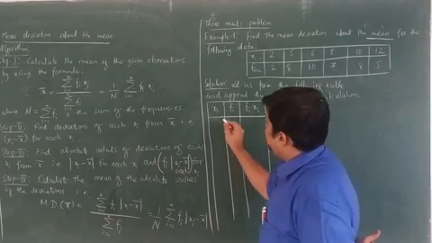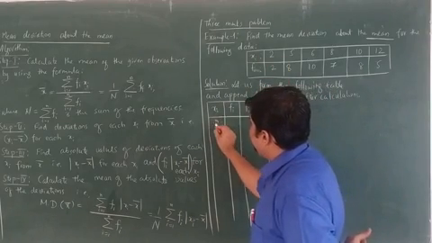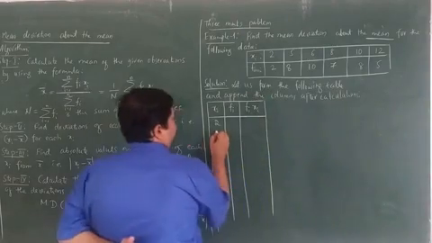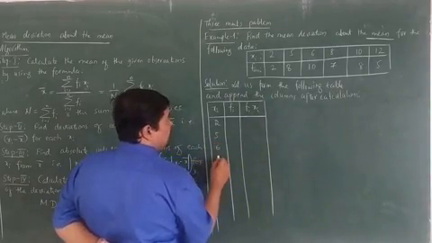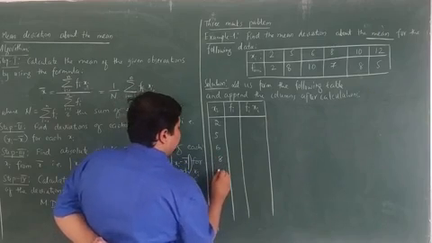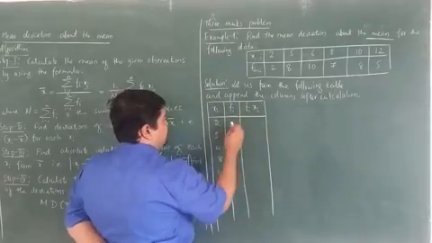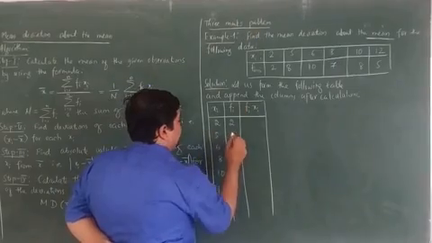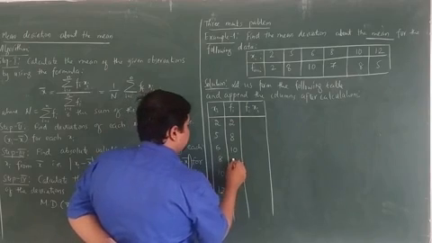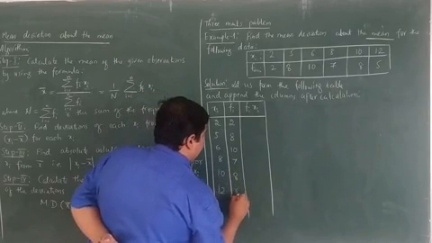Let me consider the data points as 2, 5, 6, 8, 10 and 12. Now the corresponding frequencies I will write as 2, 8, 10, 7, 8 and 5.